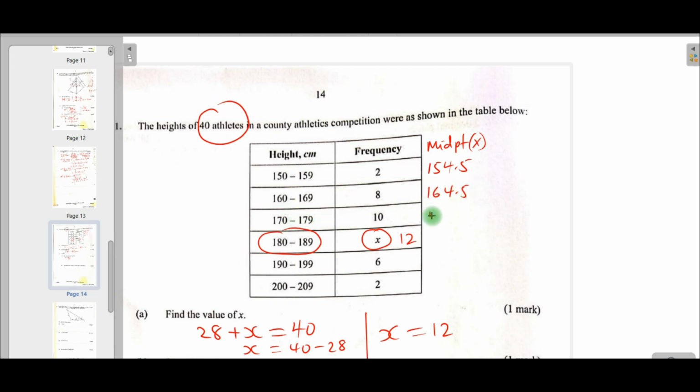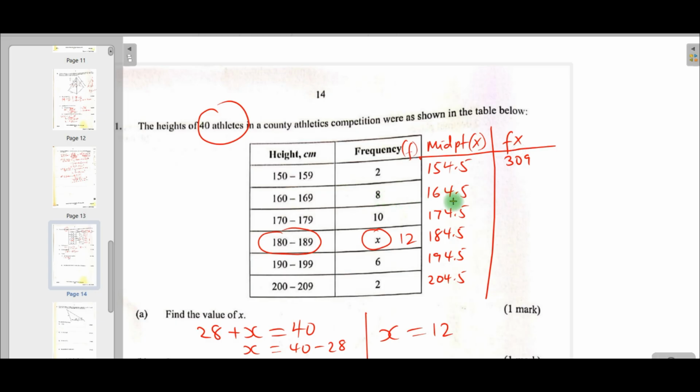The other one will be 174.5. The other one will be 184.5. Next, 194.5. And the last one, 204.5. So those are the mid x. Then from there we multiply by the frequency f, so we need to have fx. So 2 times 154.5, we get 309.